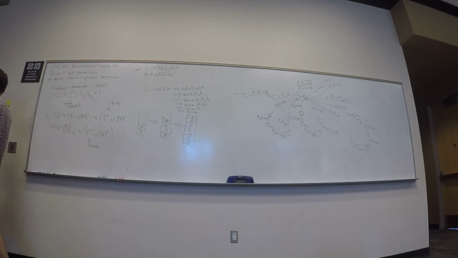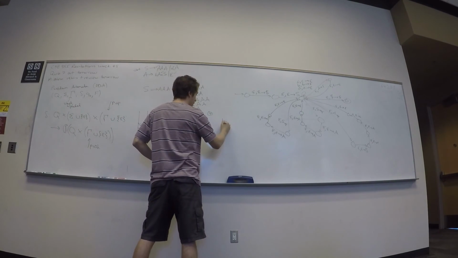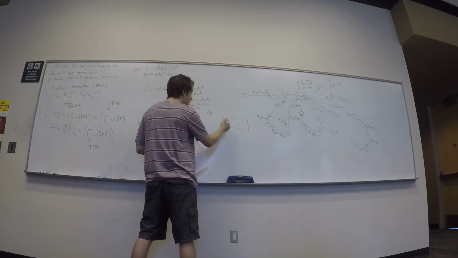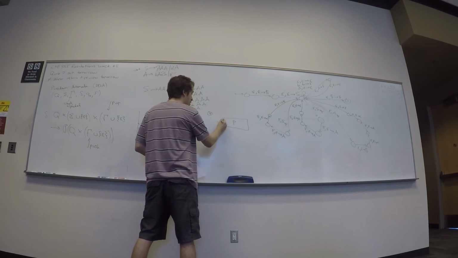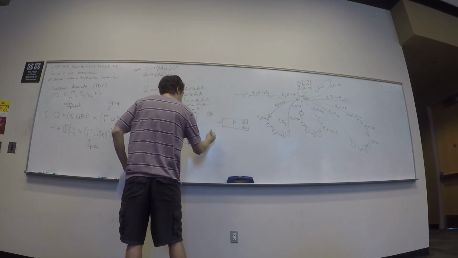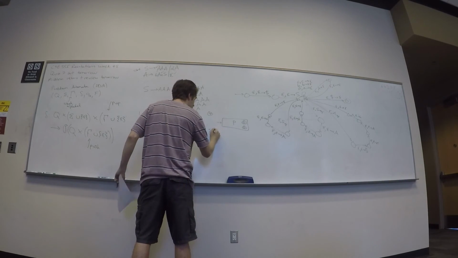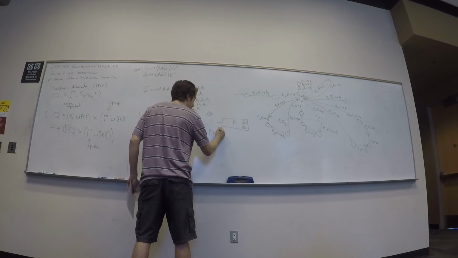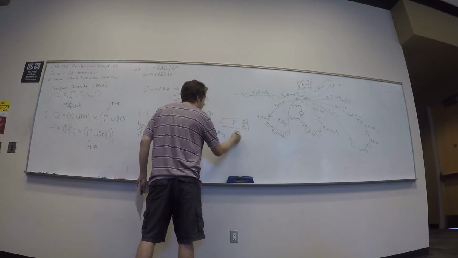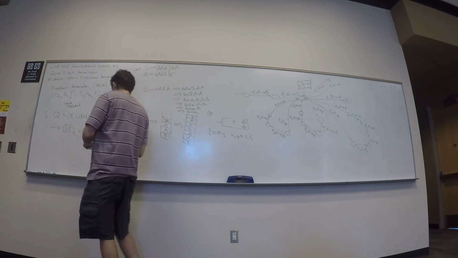Okay, we have a little bit of time. So let's do the fourth question. So let's say that, I don't know what this PDA looks like, but let's just assume it's a black box with some set of states in it. And what we want is x pound sign y with x and y in the language of the PDA.